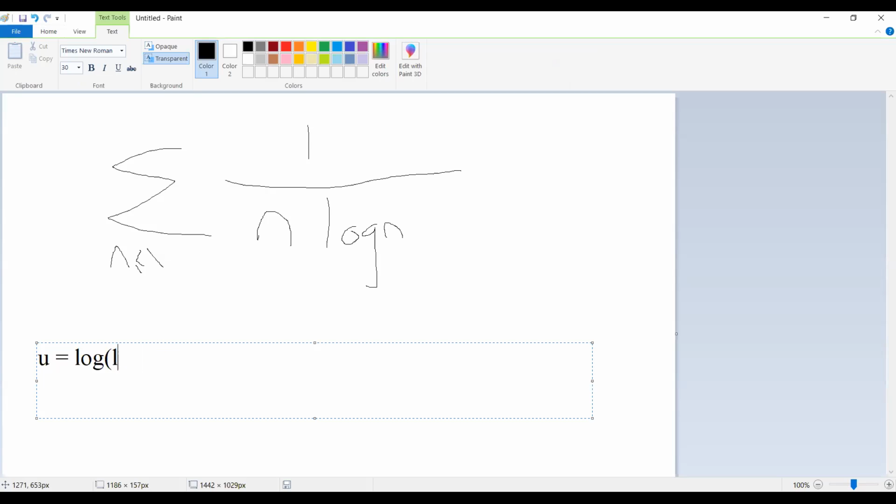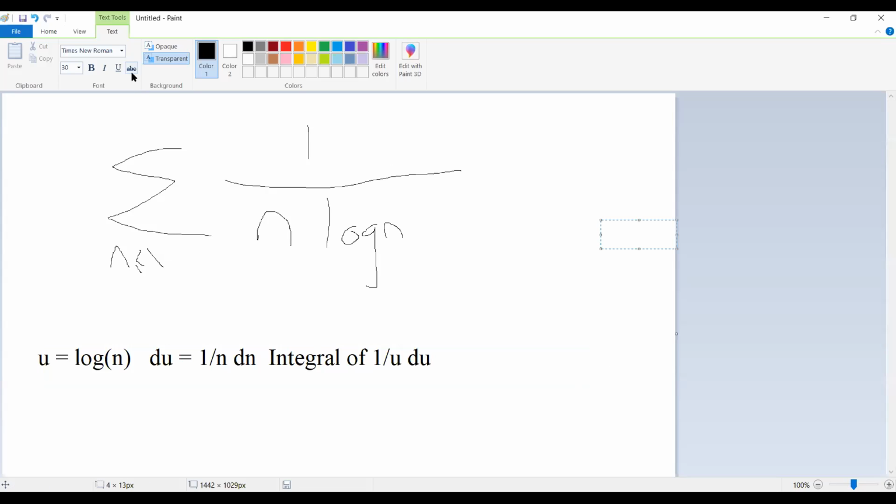And I'm saying that the change of variable we should use is u equals log n, and then du would equal 1 over n dn. So we now have the integral of 1 over u du. And so the integral will diverge.